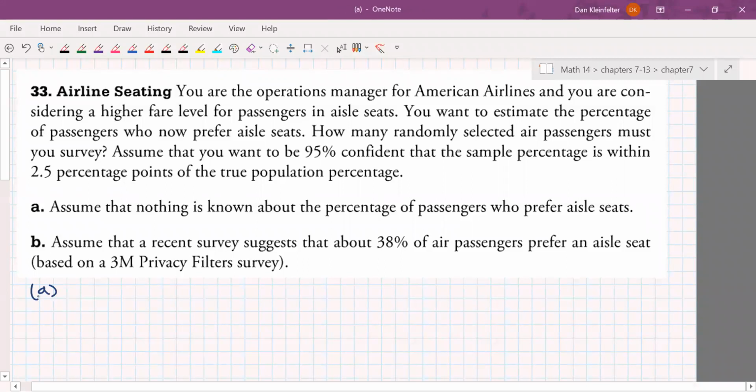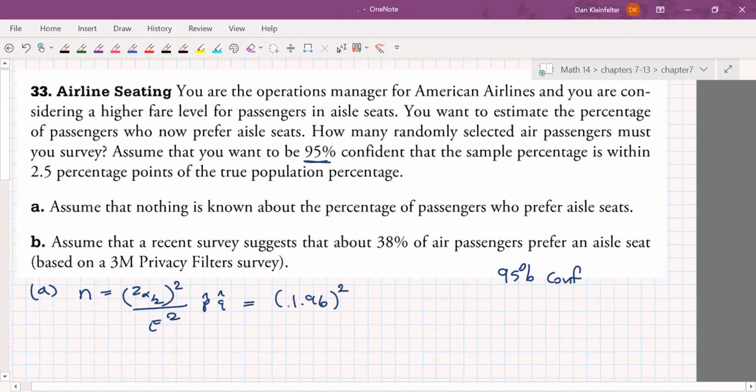Part A, assume nothing is known about the percentage of passengers who prefer aisle seats. So we'll have N equals Z alpha over 2 squared over E squared times P hat Q hat. For this one, we want it to be 95% confident, so our Z will be 1.96. Our margin of error was 2.5 percentage points. 2.5% is 0.025.